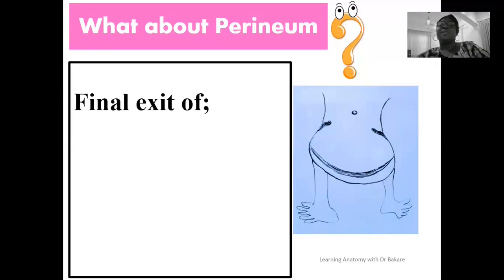The perineum creates a final exit for the gastrointestinal tract. If you look at this image here, this is where we say we have the perineum. And it is around the perineum region that we have the opening of the anal canal. We know that the anal canal is the inferior continuation of the rectum, and these two structures are components of the gastrointestinal tract.